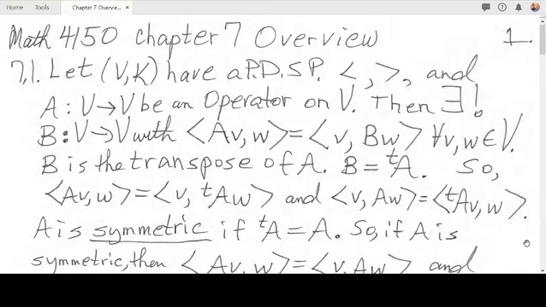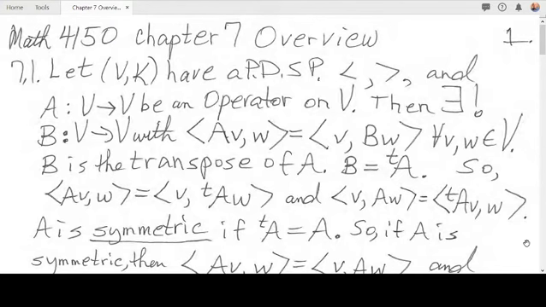So we start with a linear mapping, A, going from V into V. Then we have this lemma, 1.1, which I have stressed 2 or 3 times in my notes, that tells us that there exists a unique operator B with the inner product of AV with W equal to the inner product of V with BW for all V and W in V. This unique operator is the transpose of the operator A. So this is the definition of the transpose of a linear mapping.